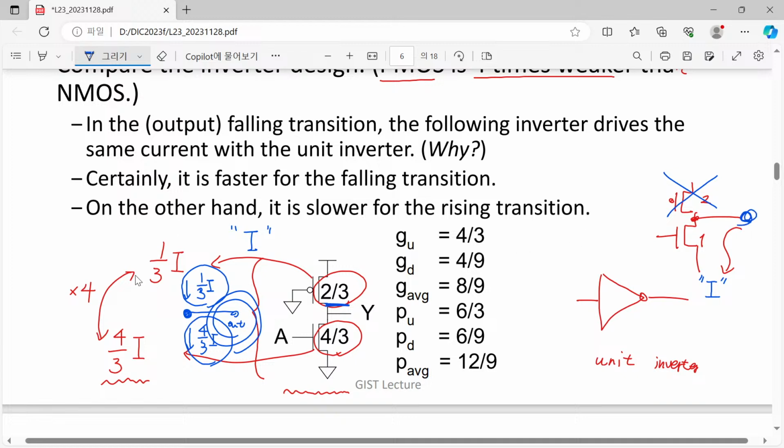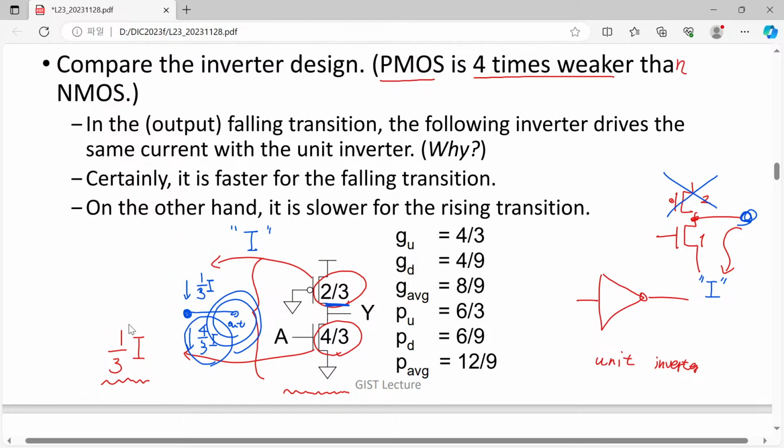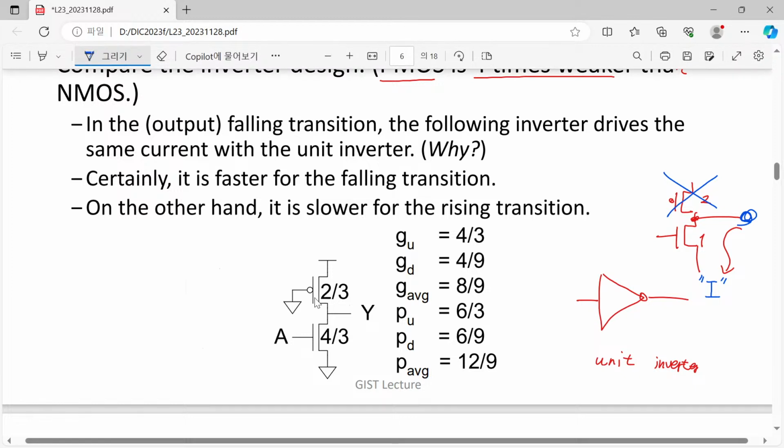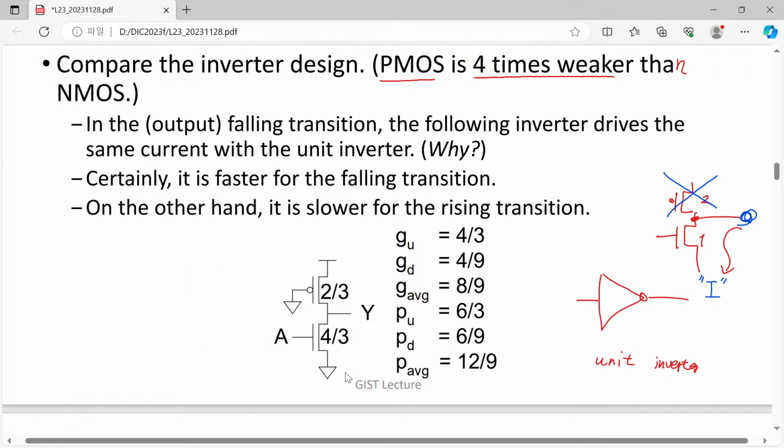That's the reason why we have selected seemingly quite a strange ratio for our N MOSFET and P MOSFET. Now let's say it has the same driving current for the discharging phase. Then let's try to calculate the logical effort and parasitic delay.